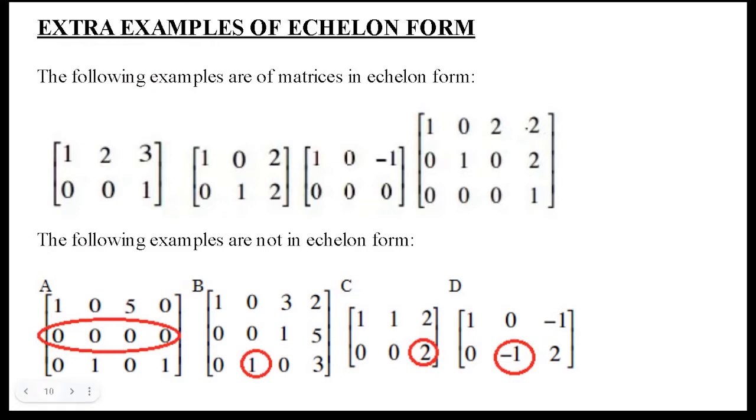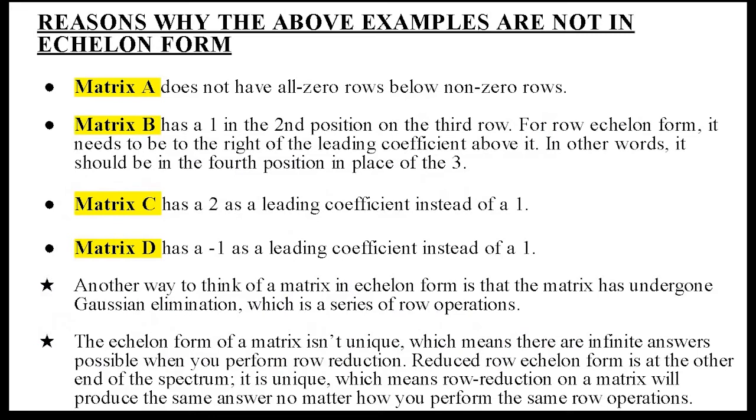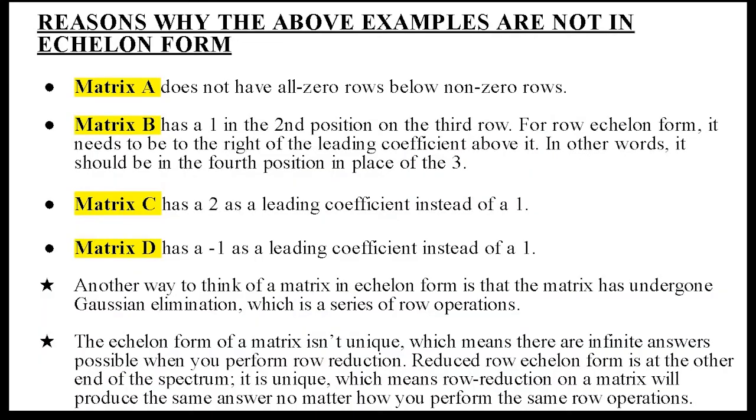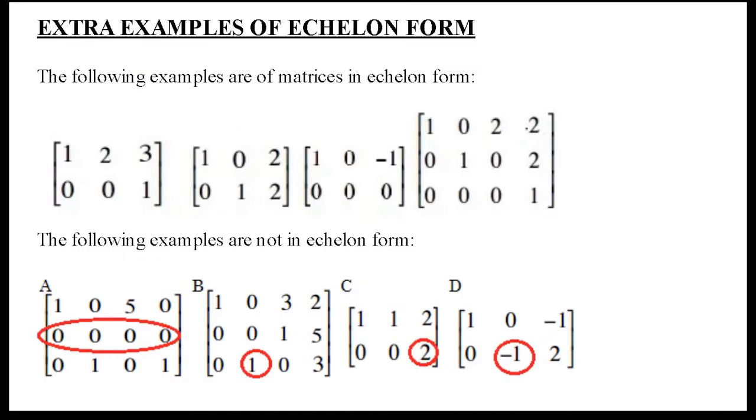And let us see matrix B. Matrix B has a 1 in the second position on the third row here. For row echelon form, it needs to be to the right of the leading coefficient above it. So in other words, it should be in the fourth position in place of 3.